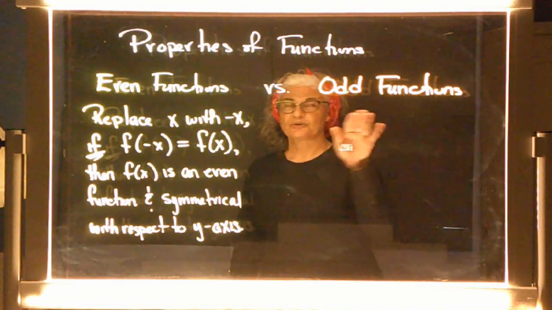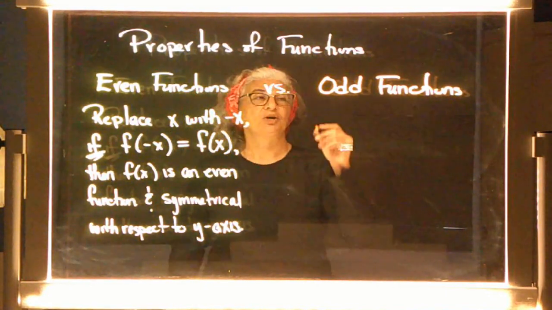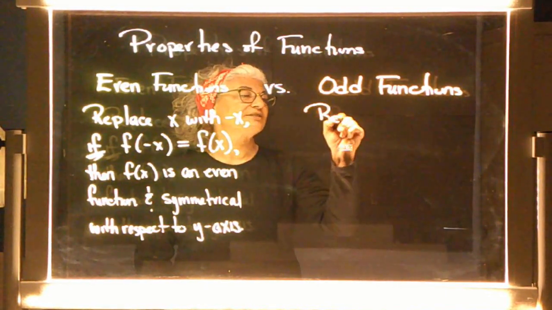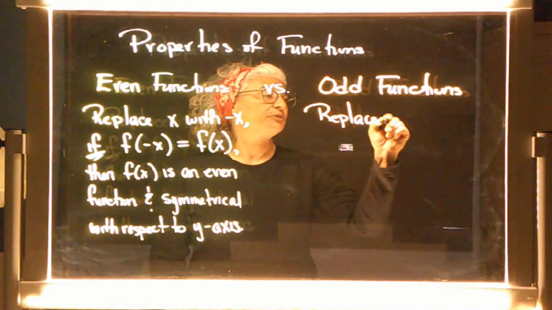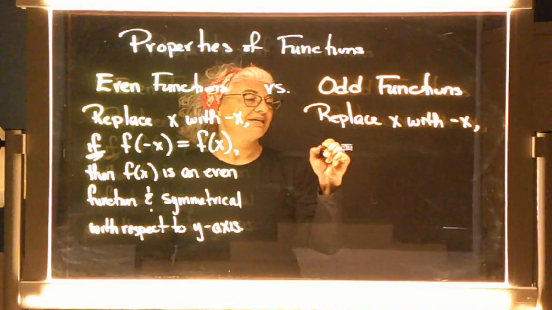Cool? Okay, so let's talk about an odd function. How do I know when I have an odd function? Well, we're going to start the same way. We are going to replace x with negative x.